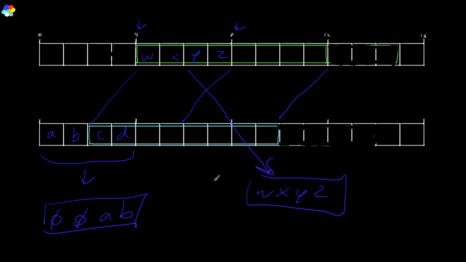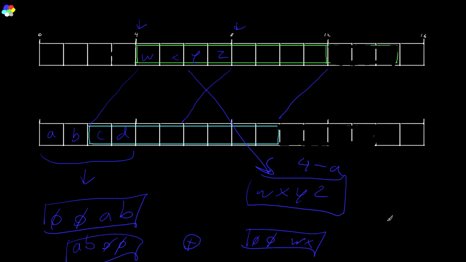And then we proceed, as I mentioned before, in that this one is going to get shifted left by the alignment value, which is 2. So we'll get AB 0, 0. This one is going to get shifted right by 4 minus the alignment value, which is also 2. So we'll get 0, 0, WX.